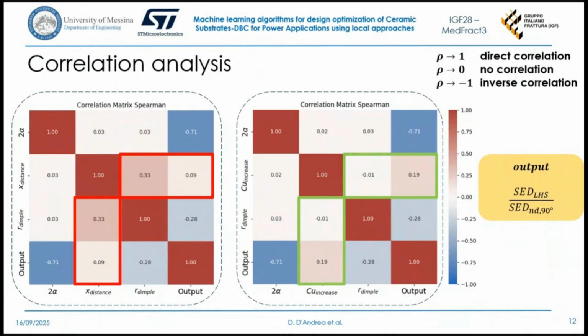So we continued our analysis by talking about the copper increase, which resulted to be directly correlated to the output, while the notch angle magnitude and the dimple radius resulted to have an inverse correlation, so affected negatively the output.